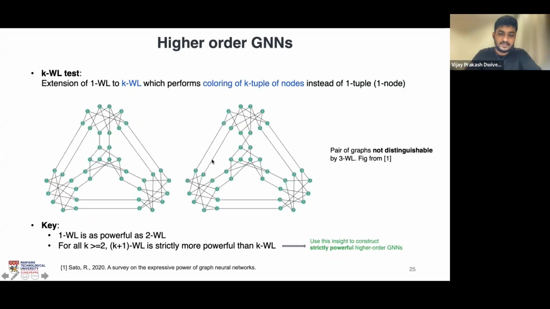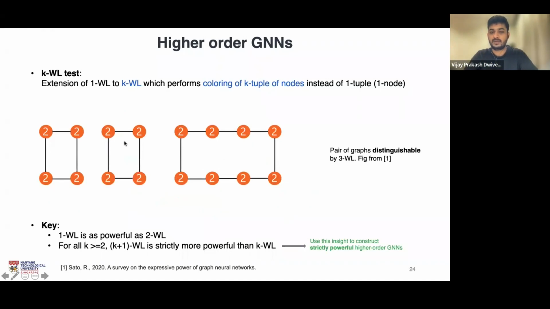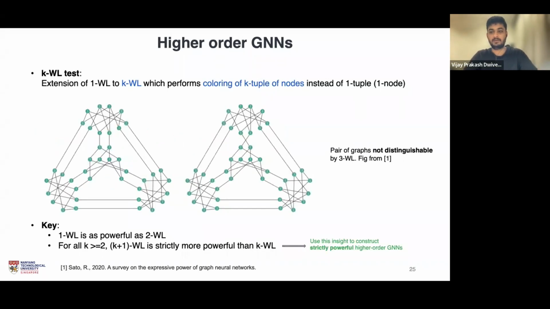But if you consider this complex looking graph, it's not very complex, but it looks messy. This is an example where the 3WL also fails, but the higher order would not fail. So if you consider 3 tuple node coloring in this part, then it's able to distinguish these two graphs, but in this one it's not able to.